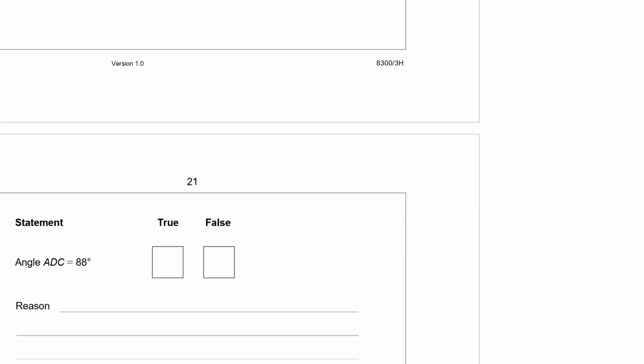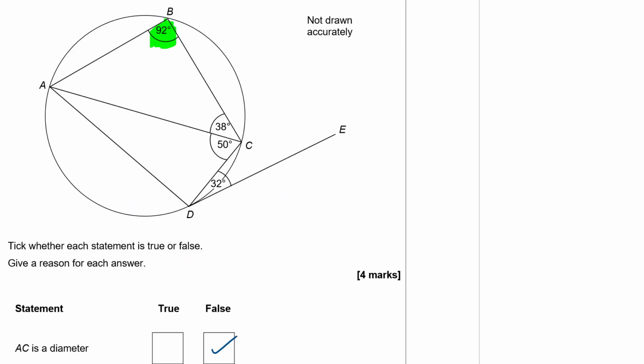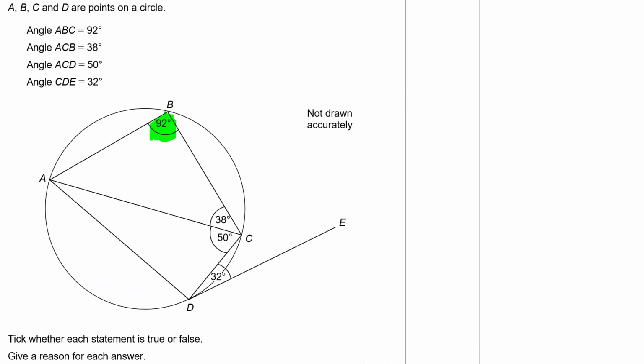Okay, our next statement is angle ADC equals 88. Okay, where's angle ADC? ADC is this angle down here. Is that equal to 88? Well, D and B are opposite angles in a cyclic quadrilateral ABCD, and opposite angles in cyclic quadrilaterals should sum to 180 degrees. So if D is 88, does 88 plus 92 equal 180?